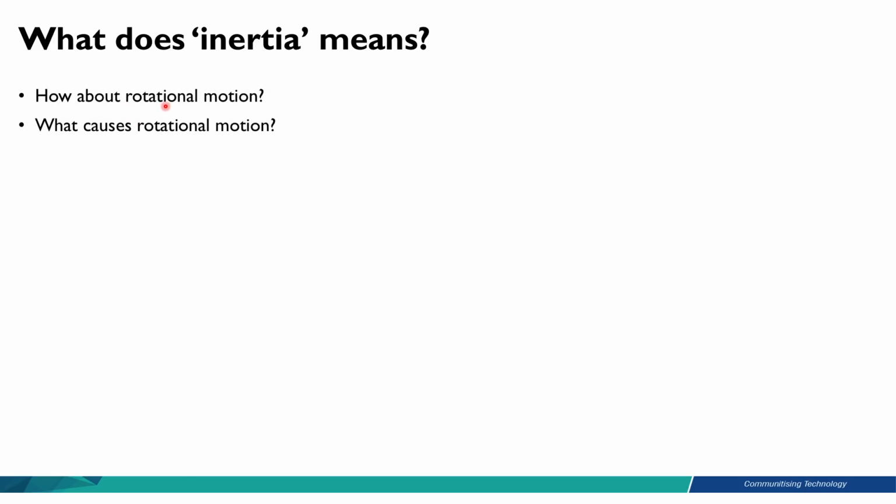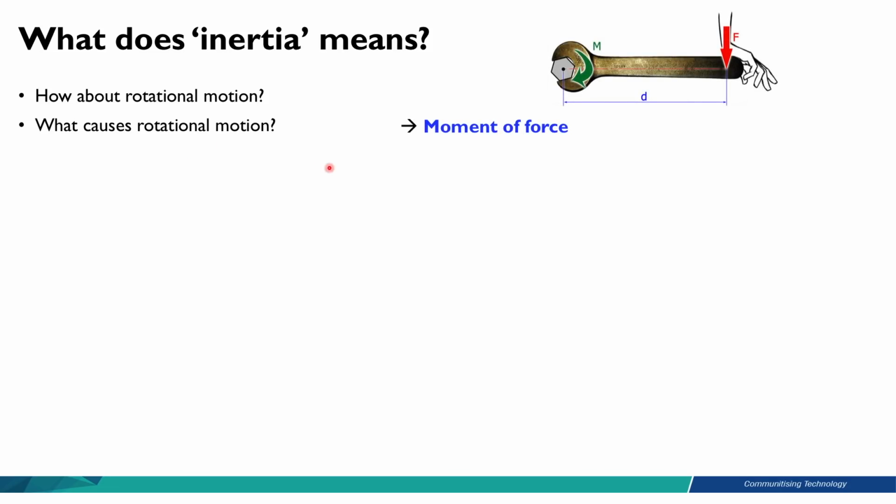What about rotational motion? What causes rotational motion? If in translational motion, the force is the one that causes the motion, in rotational motion, it is the moment of force. The moment M here is calculated by multiplying the force applied with the distance d.